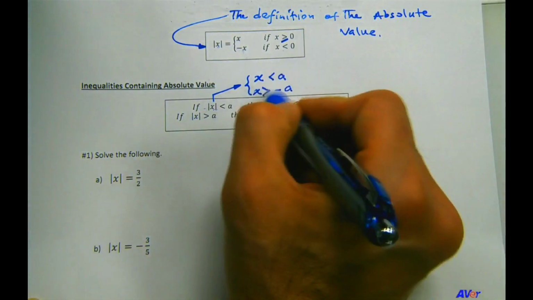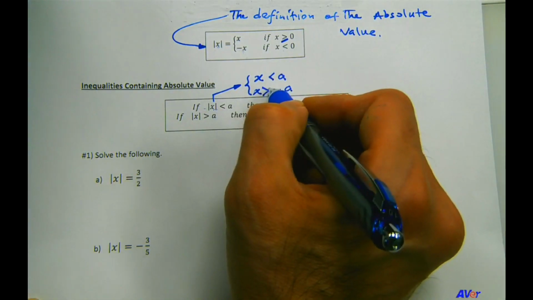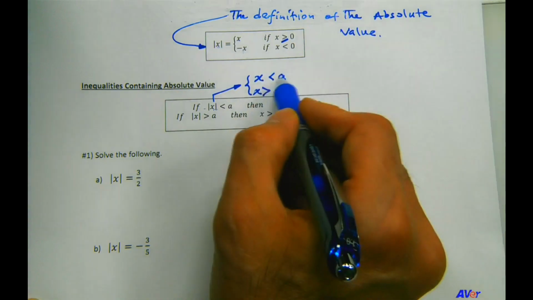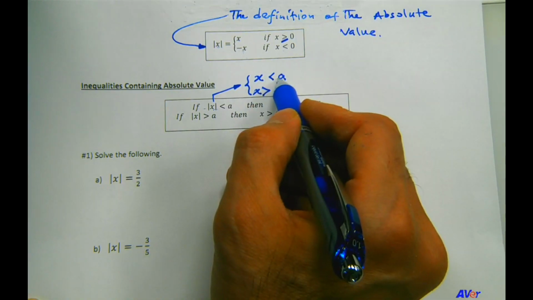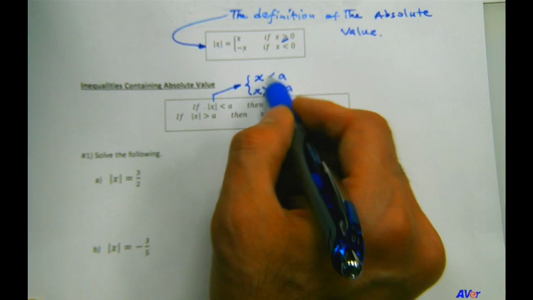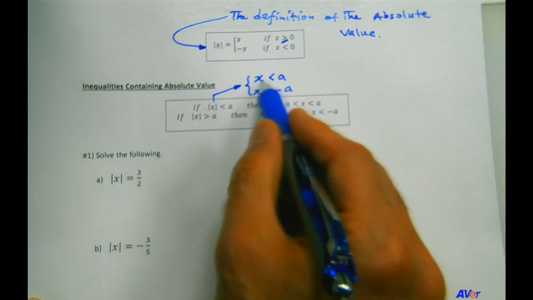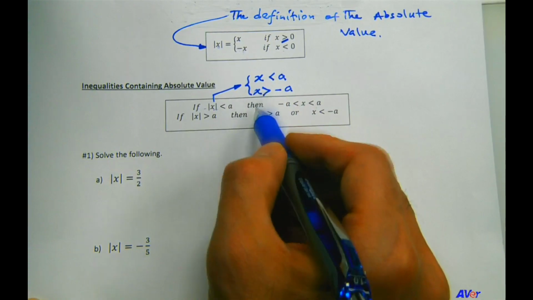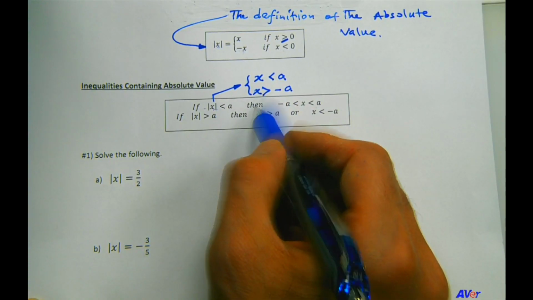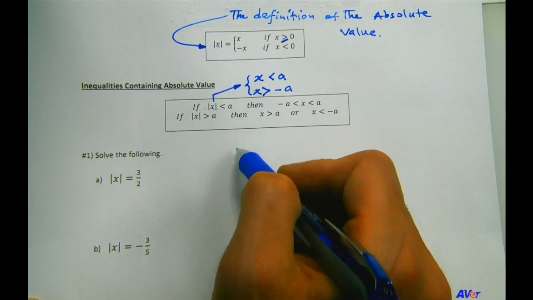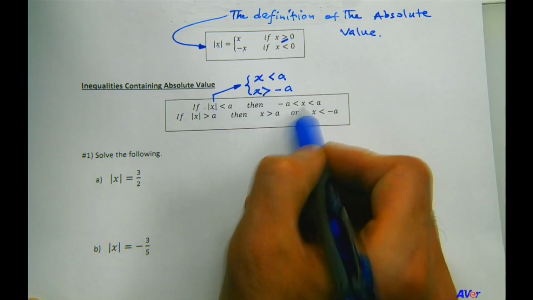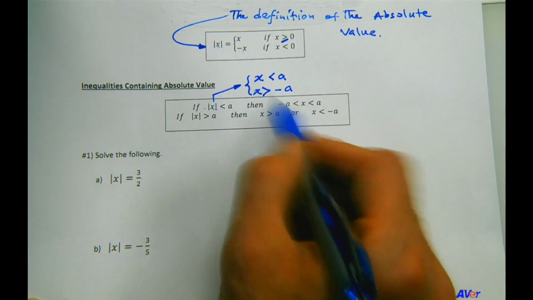Because of this inequality symbol, I have to take into account that when I multiply this side by -1, the inequality will change direction. So we end up with x less than a and x greater than minus a. Now compare that with this. Isn't this the same thing as this? But this is combining them.